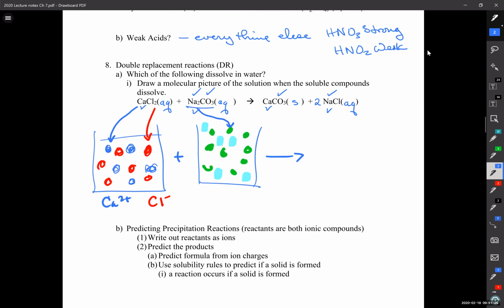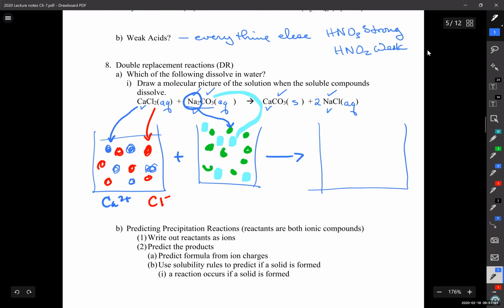And the carbonates, I'll make that like this. Those guys, right? But the sodiums and the chlorides stayed in solution. That is, they don't precipitate out. So when I mix those two things together, I have all these ions mixed together, right? The calcium and the carbonate precipitated out of solution, that it made a solid. So it's going to look something like this. Now, we haven't waited long enough to see this.